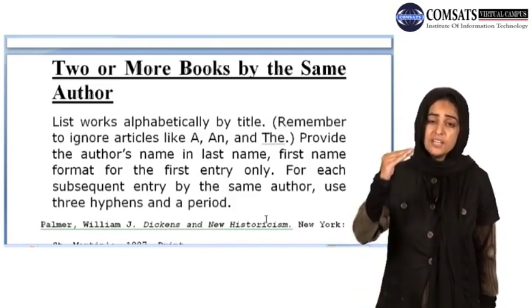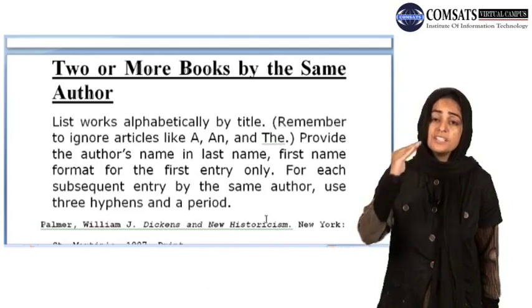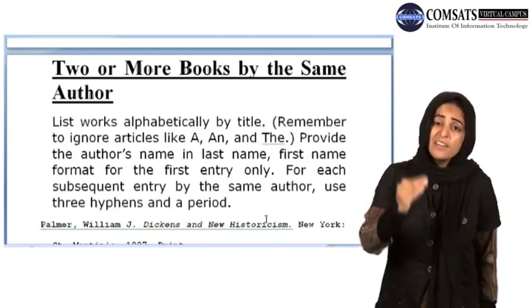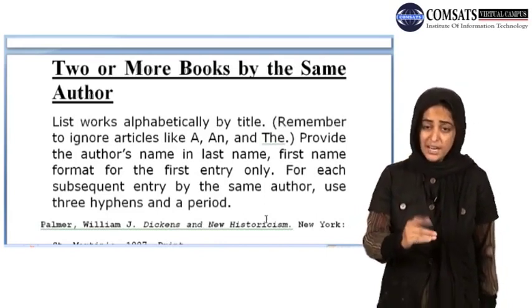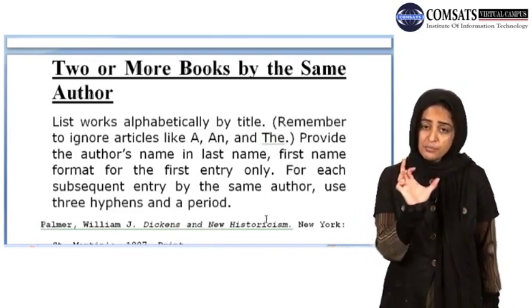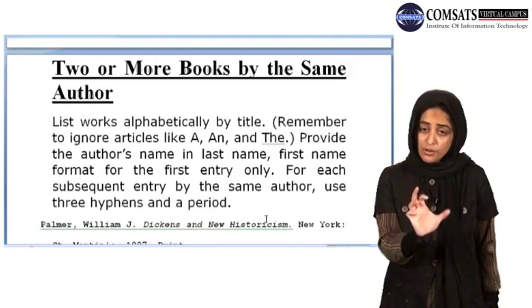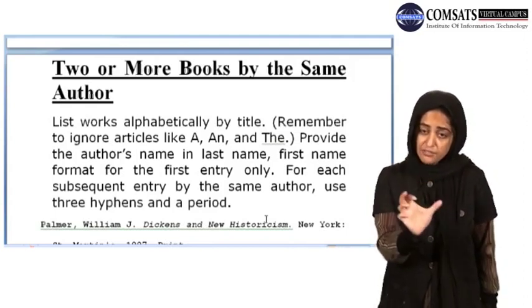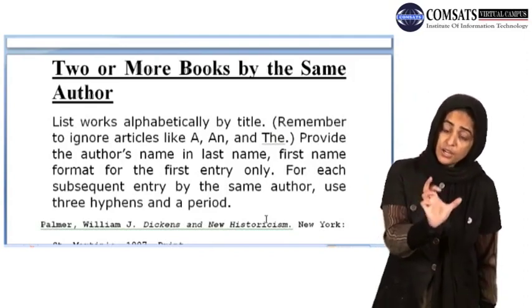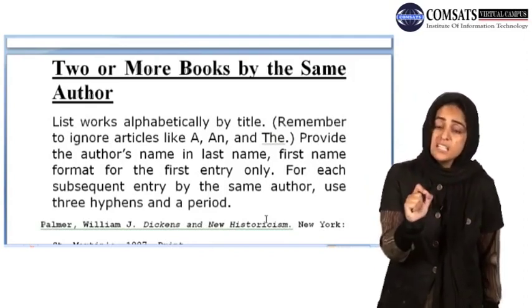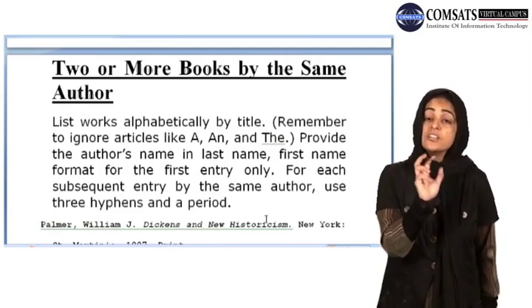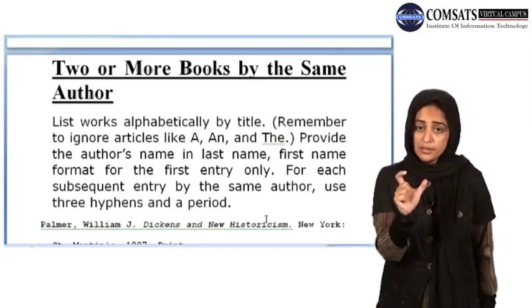Arranging the reference alphabetically on the basis of the title of the article by the same author, or the title of the books, or title of any other work by the same author. And after that, while you first mention the name of the author in the first reference, for the second reference being created for the second work of the same author, you will not be repeating the name of the author, simply you will be showing three hyphens in place of the name.